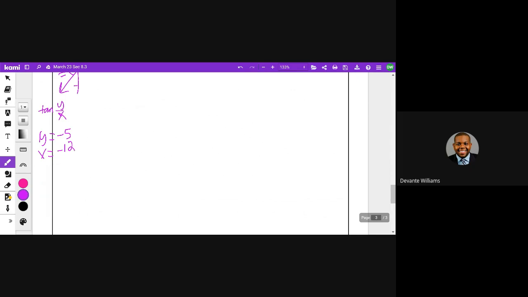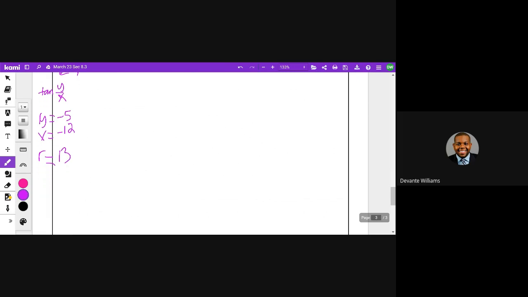And we're going to use the Pythagorean theorem to find our r. We get r equals the square root of 5 squared plus 12 squared, which is 25 plus 144, 169. The square root of that is 13. We should get 13.